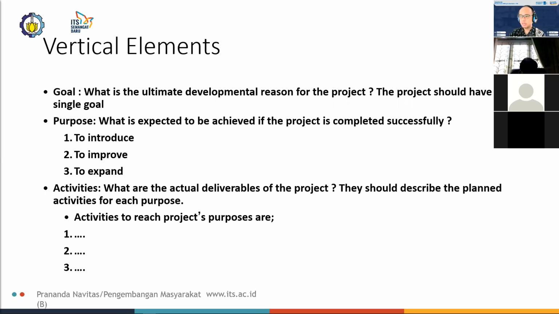So the vertical elements are the goals, the purposes, and the activities. For example, the goal: what is the ultimate developmental reason for the project? And the project should have a single goal. Let's just continue with the literacy illustration that I gave you.